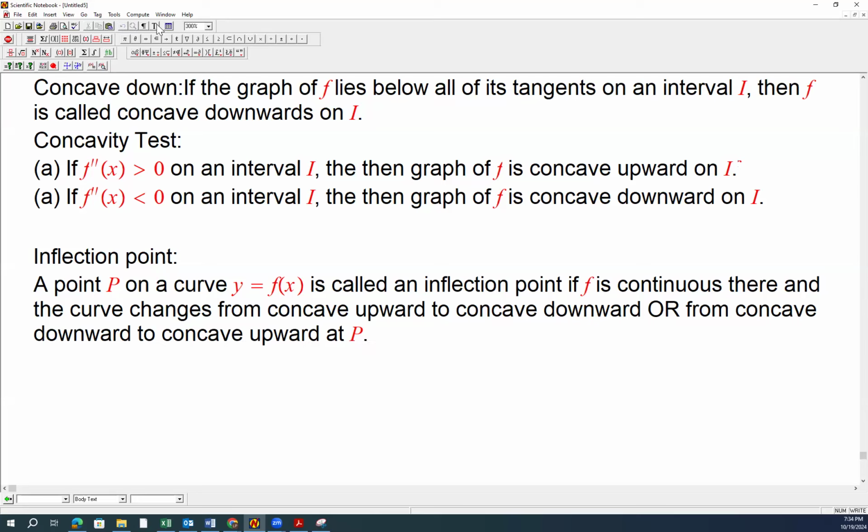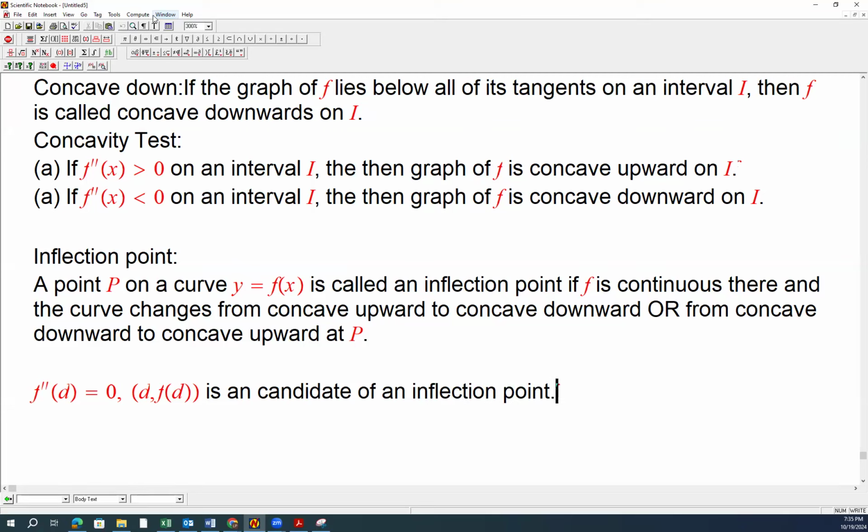To answer the question, if the second order derivative at d equals 0, then the point d, f of d is a candidate of an inflection point.